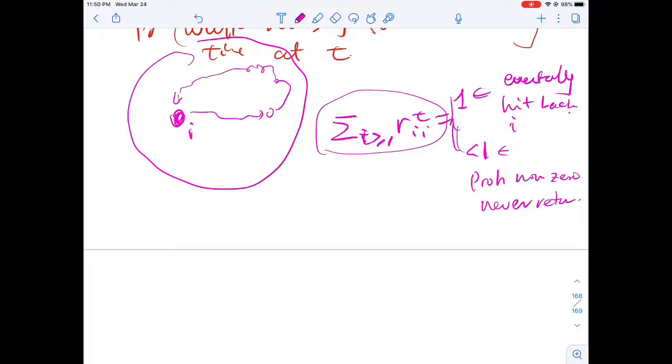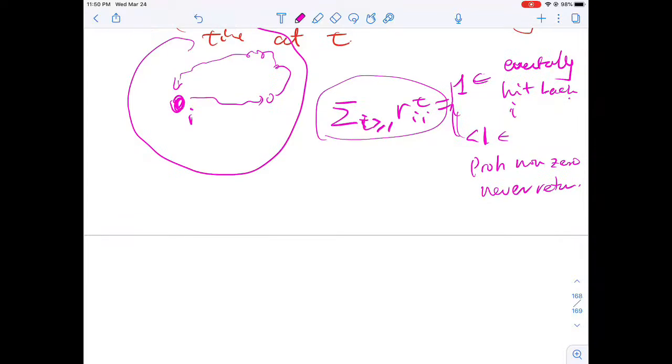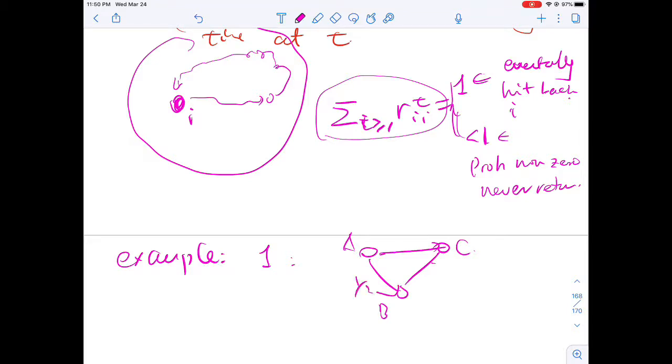Right. So let me give you some very simple examples. The first example is if I just draw this graph: A, B, C. It's A to B with a third probability, A to C with a third probability. Everything is a third, right? So basically, if you draw things this way, it's a third, a third, a third, and so on and so forth.